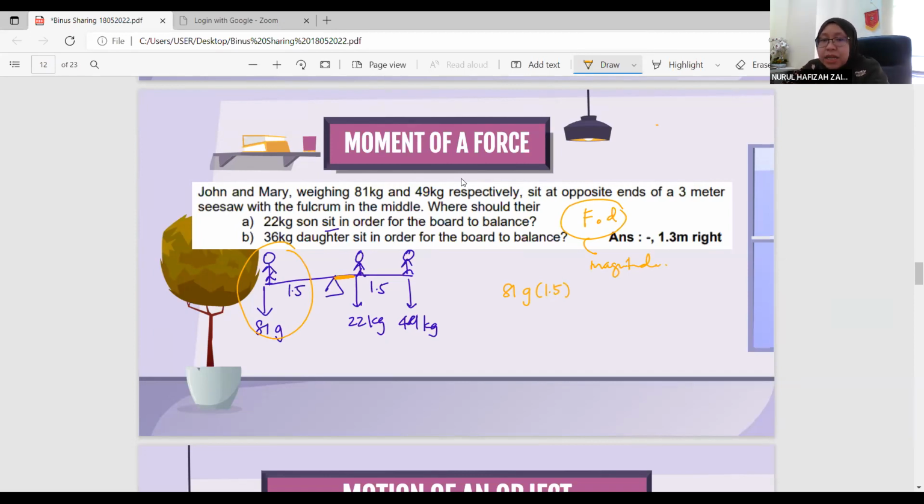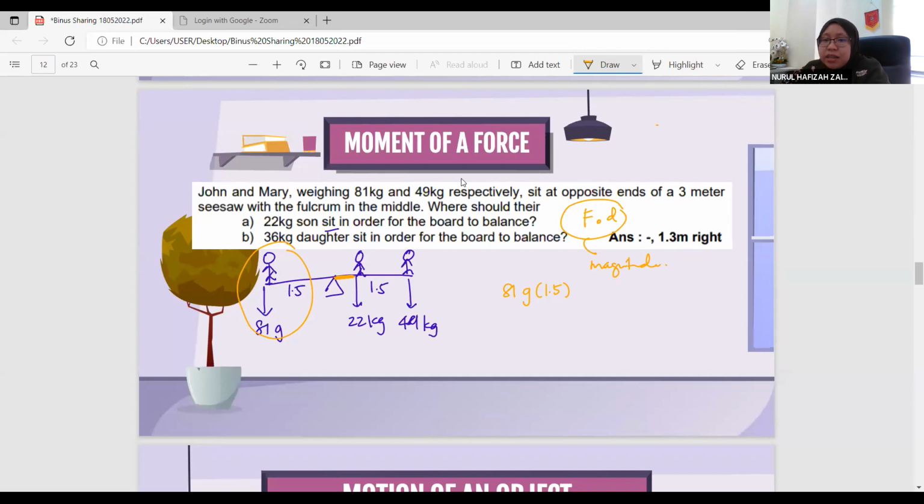A vector must have a direction. We will not say John is at 45 degrees because there is no angle here. Or maybe John is at the north, but there is also no direction of north or south here. So how do we represent the direction? We represent the direction by using clockwise or anti-clockwise.